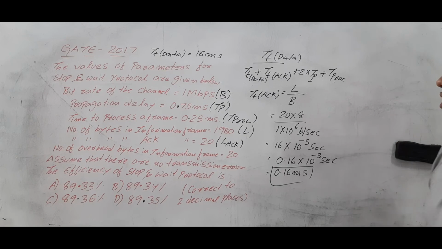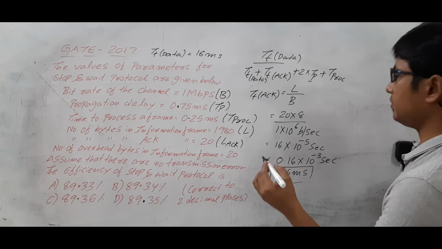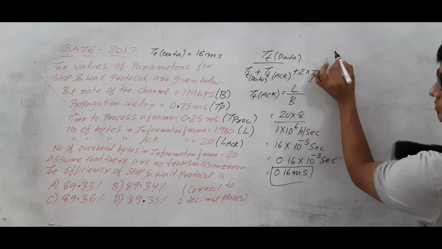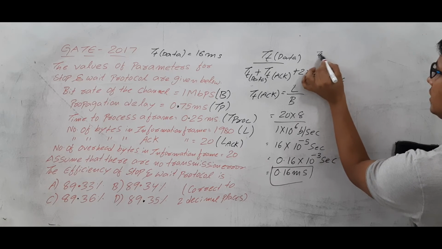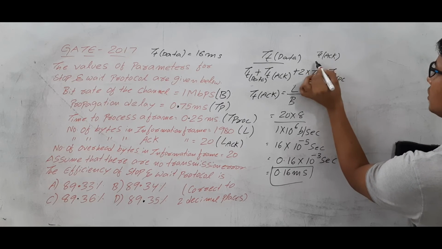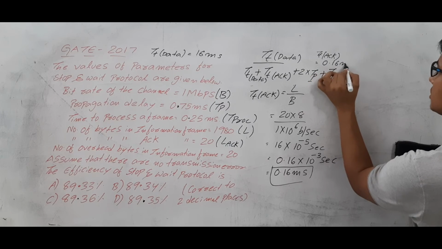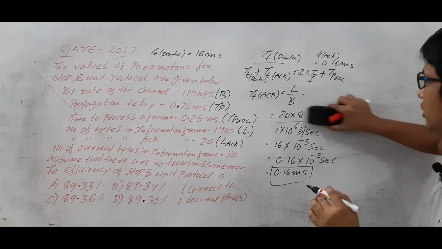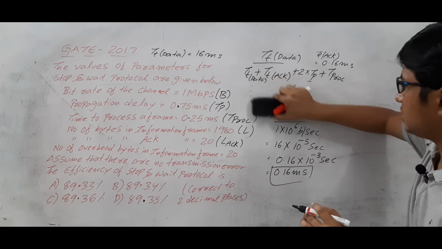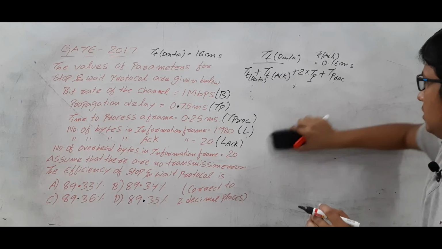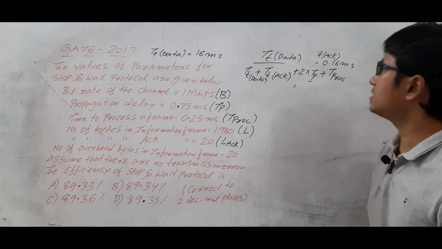Am I right or wrong? Let me write somewhere here, TTAC is equal to 0.16 milliseconds I got. I will use all these values for finding out the efficiency. Is it clear?